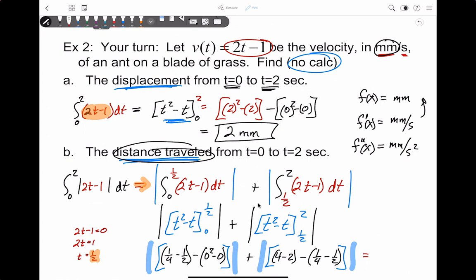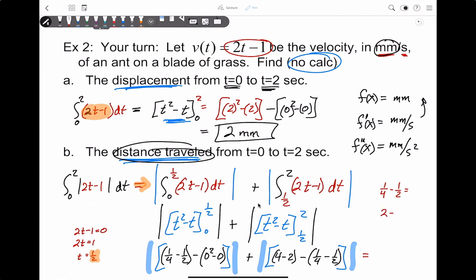So let's go ahead and do the first one. We have 1/4 minus 1/2. Oops, let me go ahead and write 1/4. And then for the other one, we're going to have 4 minus 2, which is 2, and then minus 1/4 minus 1/2.